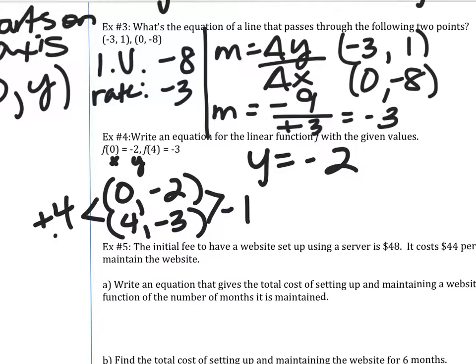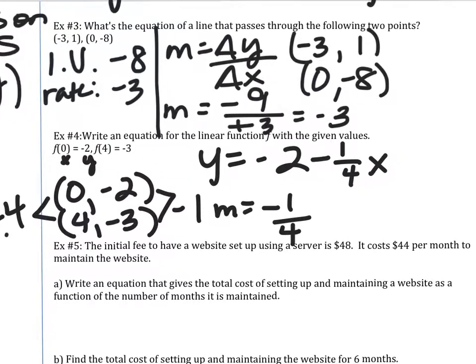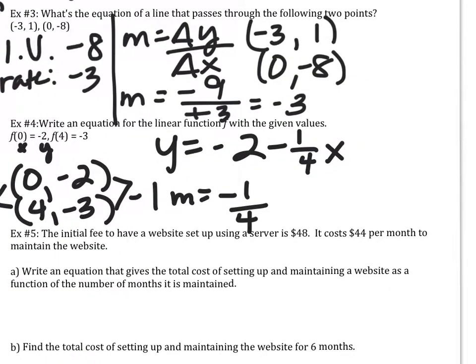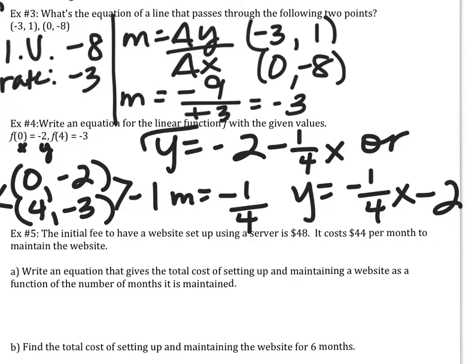From -2 to -3 is a change of -1. So then we need to find our slope, which is going to equal -1 over 4. So we have -1 over 4 times x. If you want to write it in the opposite order, you could do that, and you would have -1/4 x minus 2. Either one of those is okay.